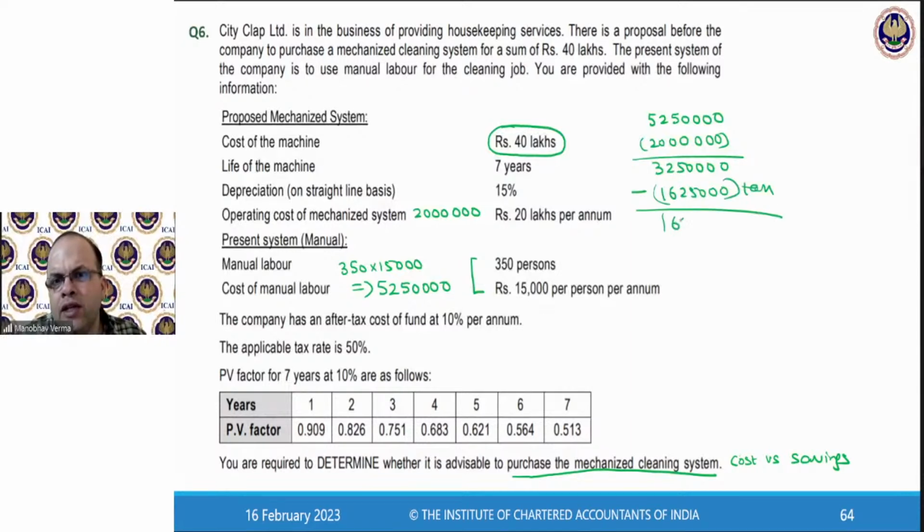We're getting 16 lakh 25,000 as a net saving. But where is depreciation? Can we add a tax shield of depreciation, guys? 40 lakhs into 15% is 6 lakhs. Tax shield of depreciation is 6 lakhs into 50%, which is 3 lakhs.